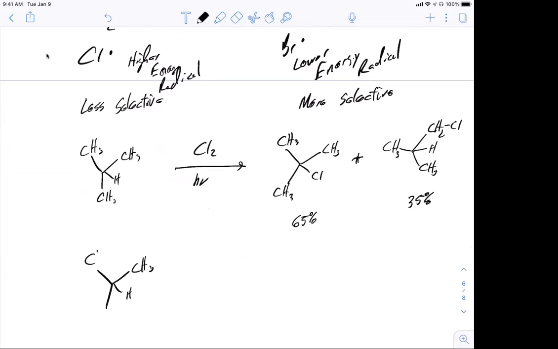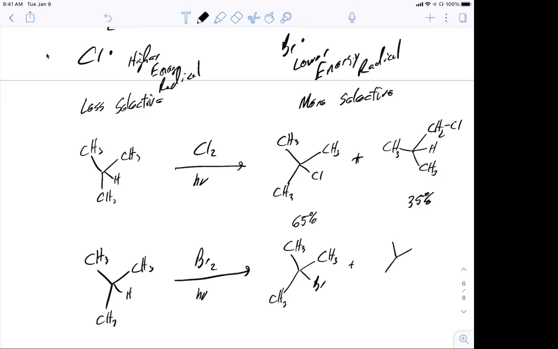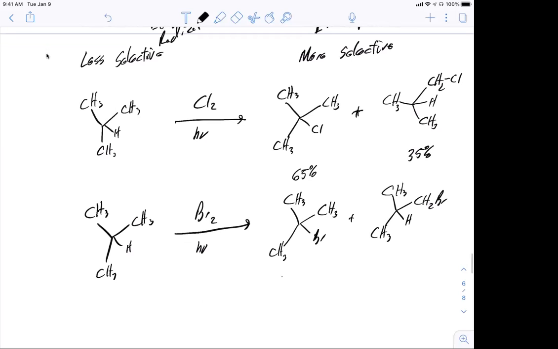We do the same reaction with the bromide. Now this is a tertiary to a primary position. We see a substantial difference.